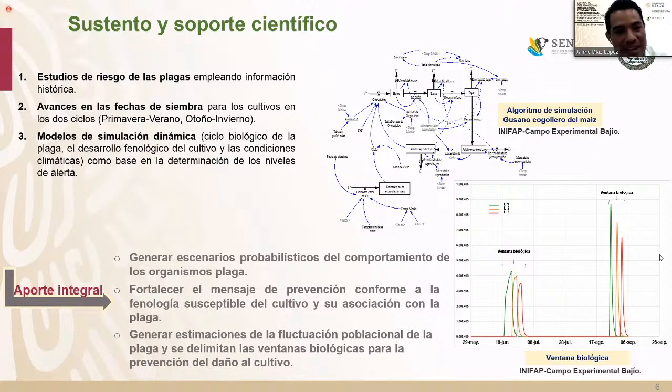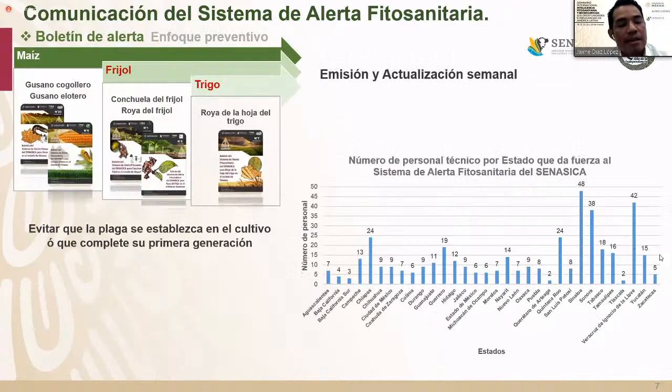That helps us estimate fluctuation of pest populations that are observed on the field. And with that, establish biological windows to prevent certain damages to crops. So that is the main basis of our system today.